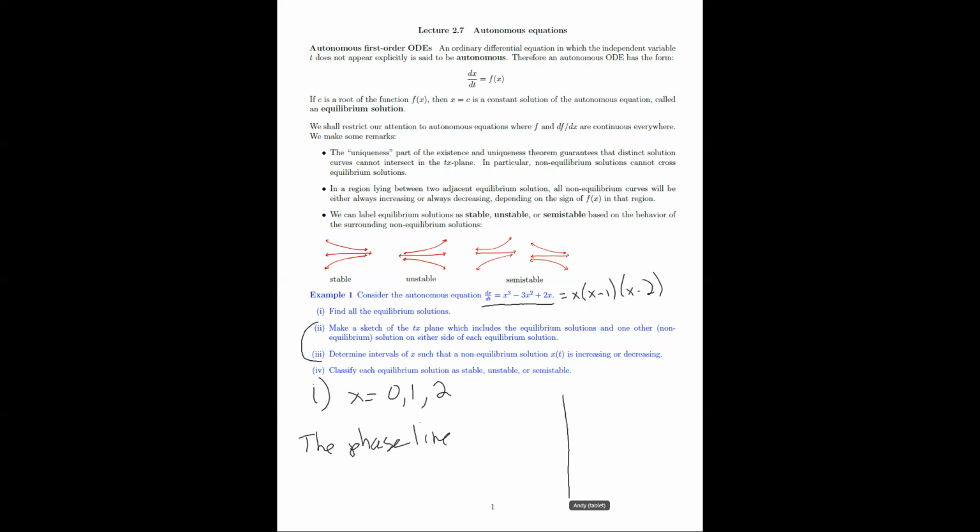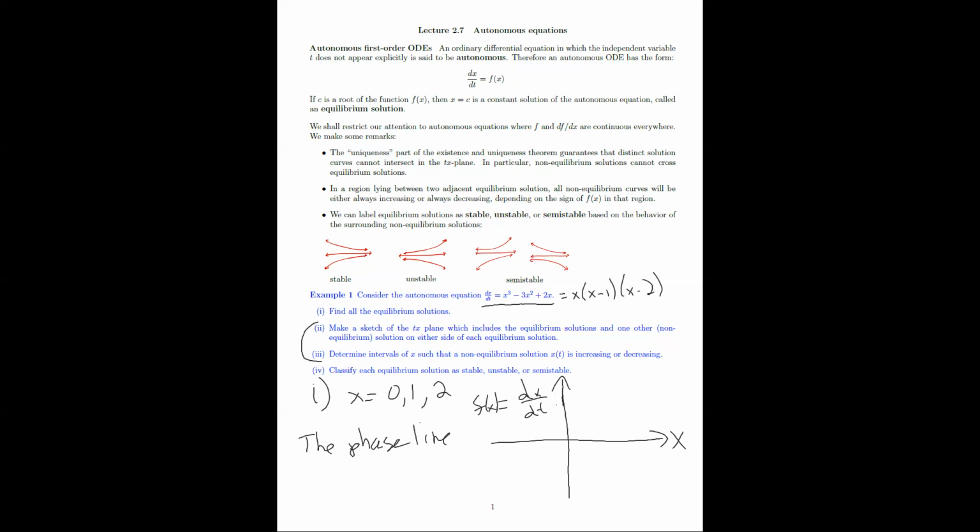So let's do that. We have x as our independent variable in this, and dx/dt equal to f of x is our dependent variable on this picture. We have a plane here with x comma f of x. But notice it is the derivative of x with respect to t that is the function we are graphing.